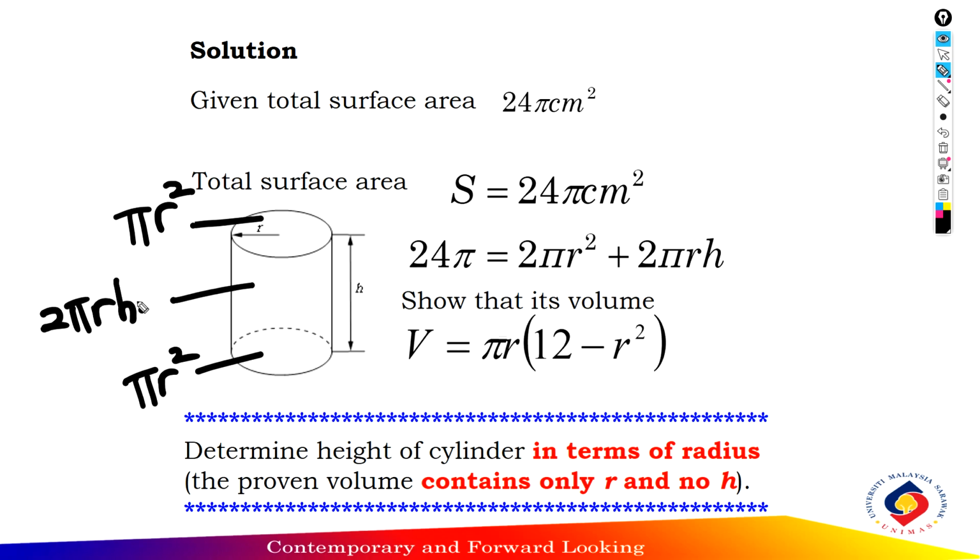Two circles, πr² plus πr² equals 2πr², combined with 2πr times the height. So this total surface area equals 24π, and you show the volume of the cylinder equals πr times (12 minus r²).